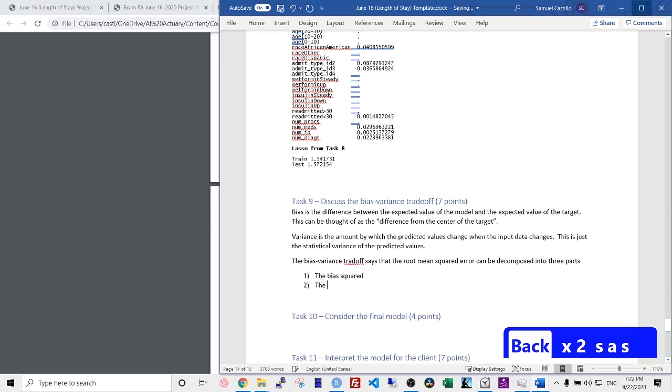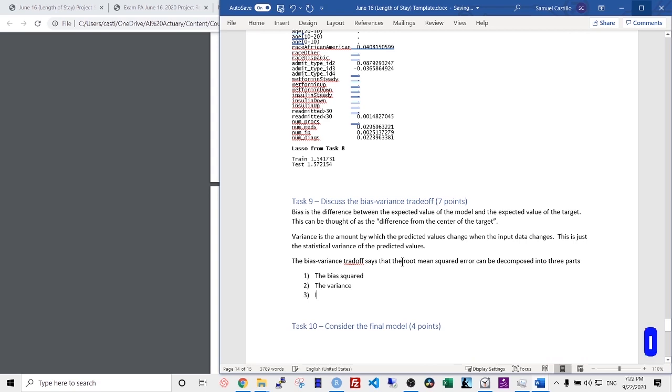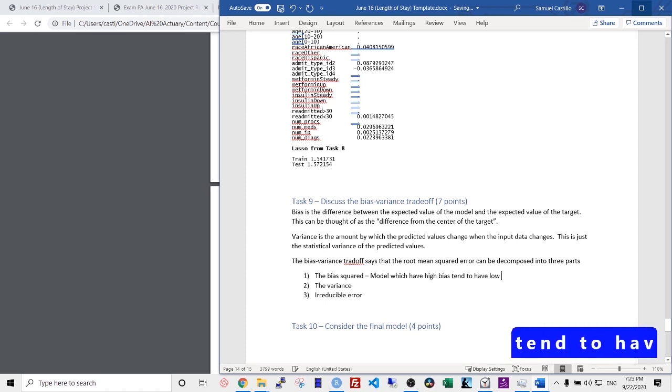Part 2, the variance. Part 3, irreducible error. Models which have high bias tend to have low variance. Models which have high variance often have low bias. Irreducible error is random noise which no model can completely remove.